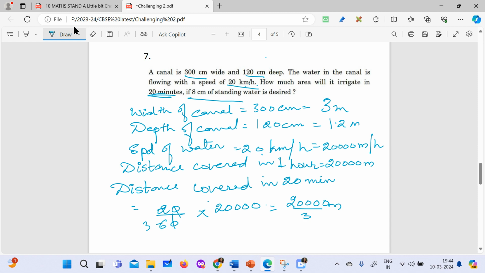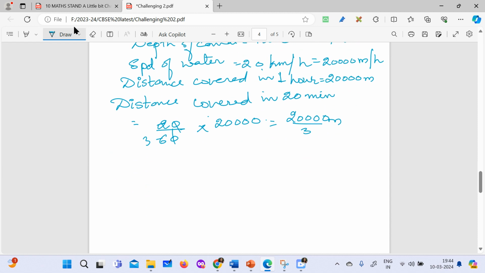Now we have to find the amount of water required to irrigate in 20 minutes. So we get the volume of water.